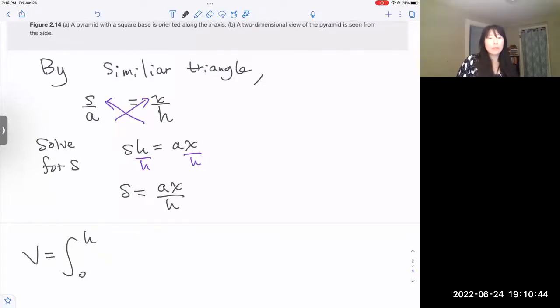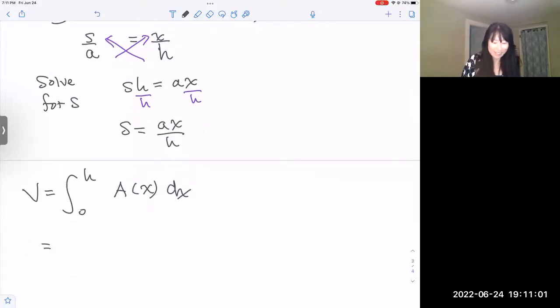All right. Then we have the area of dx. We say the area, which is s squared, right? So we get the integral from 0 to h of s squared dx.